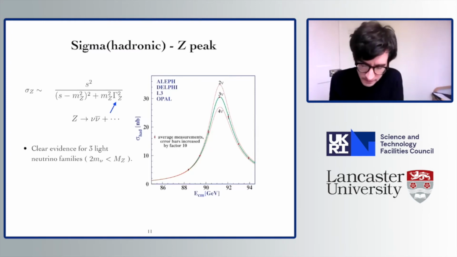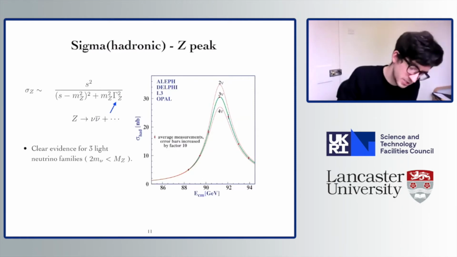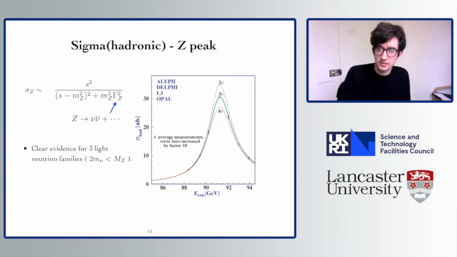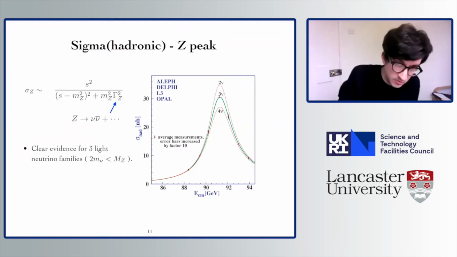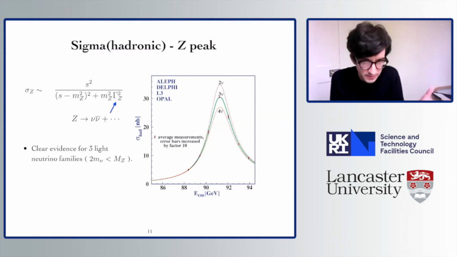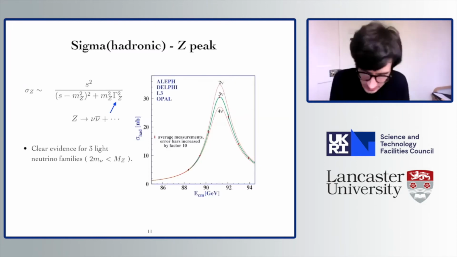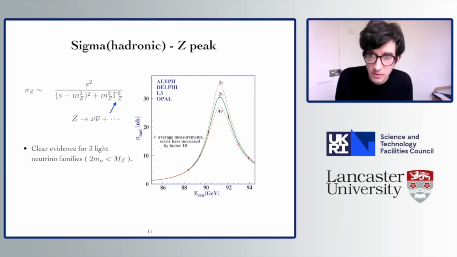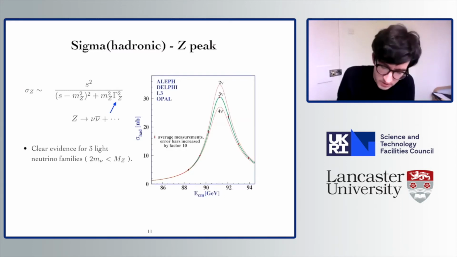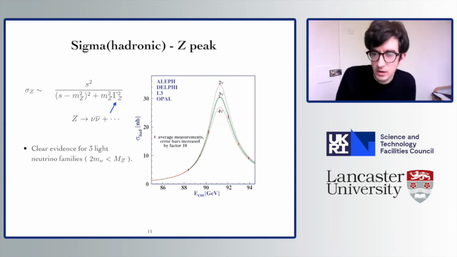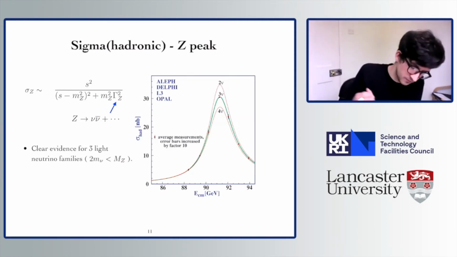And just by measuring the width of that thing, one can determine how many flavors of neutrinos there are. Of course, we're not measuring the neutrinos, we're not even measuring Z goes to invisible energy or anything. We're definitely not measuring that channel directly, but just by measuring the width of this peak, one can see that 2 neutrinos would push you above the line, 4 neutrinos would push you below, and one therefore has very clear evidence that there are 3 flavors of neutrino just from measuring that.